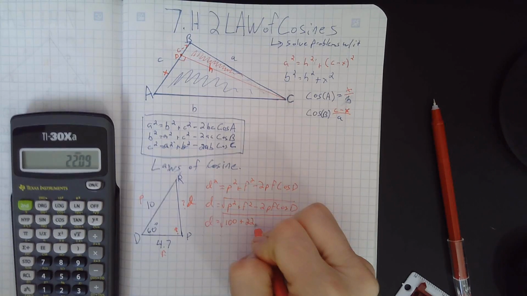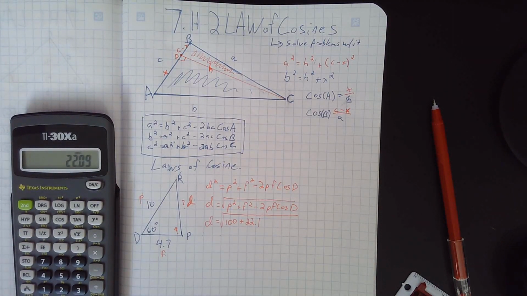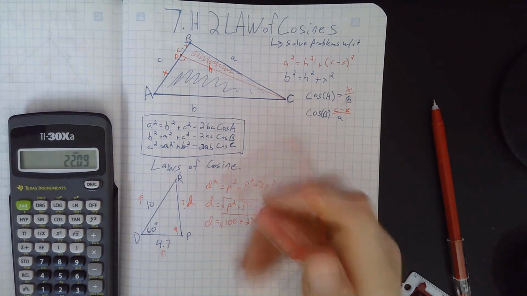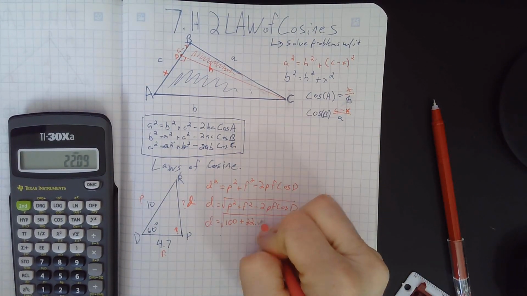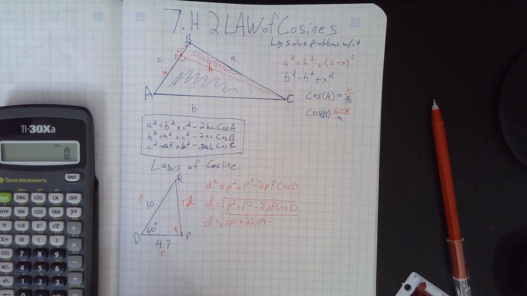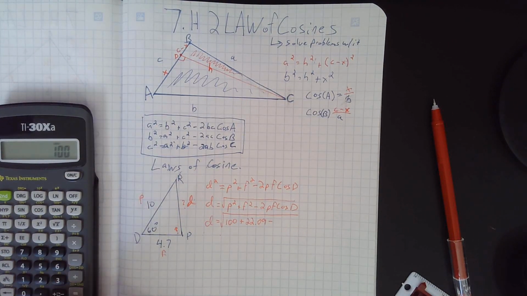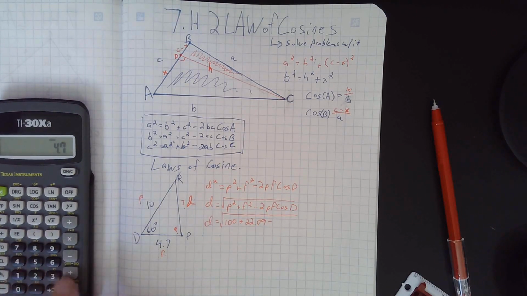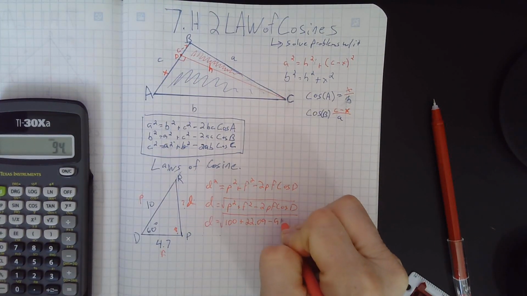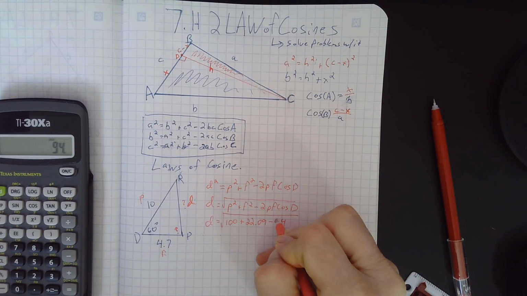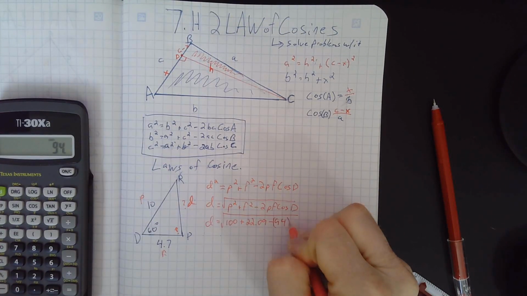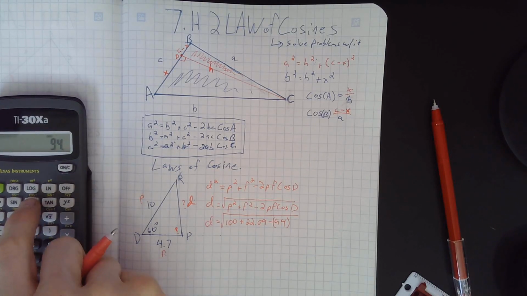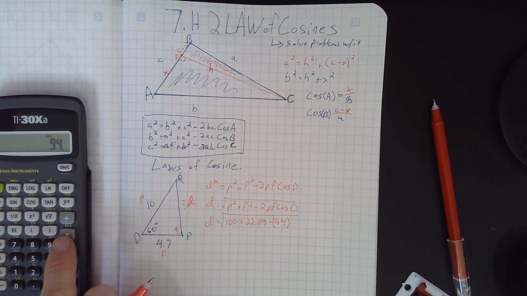I'm going to round to the nearest hundredth. Then 10 times 4.7 times 2 is 94, times the cosine of 60.